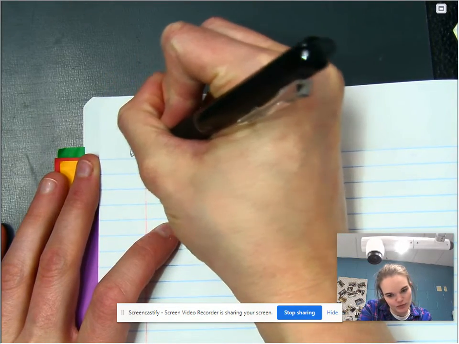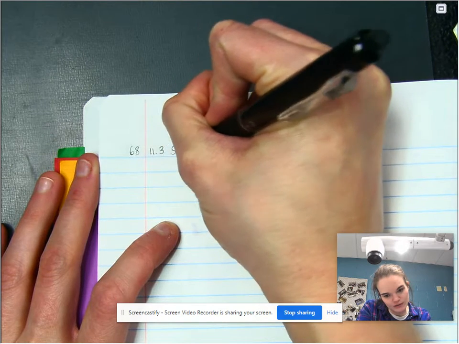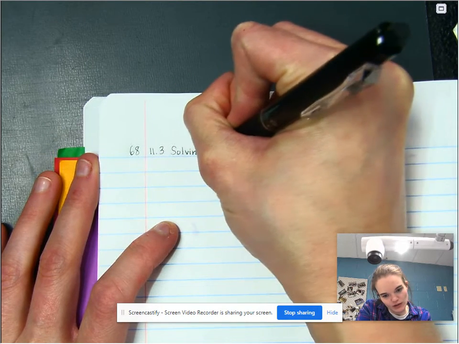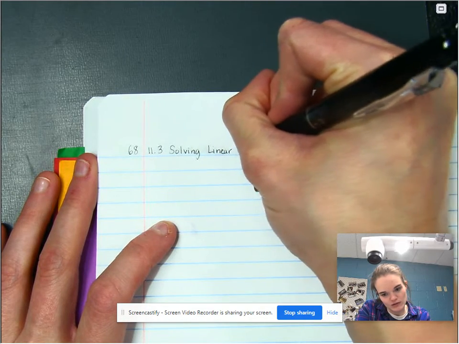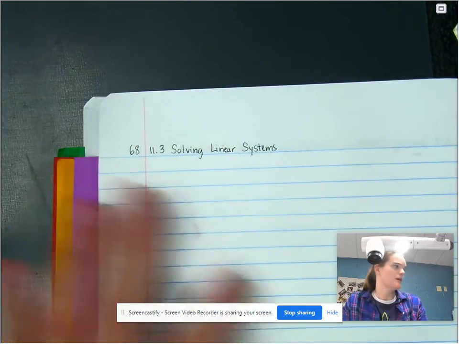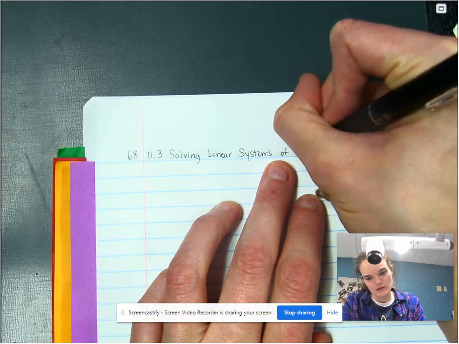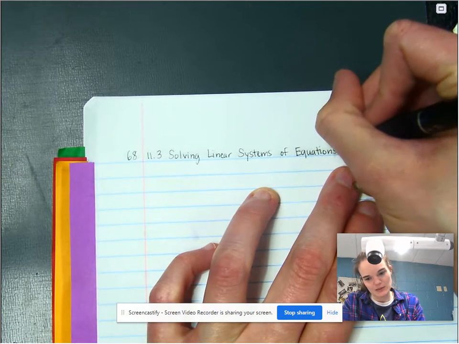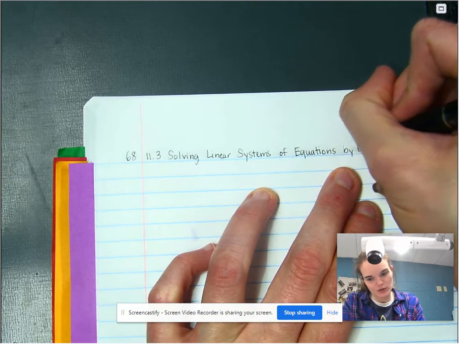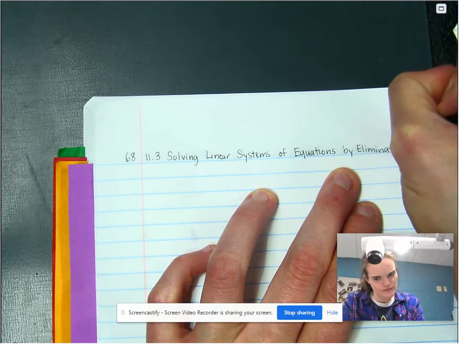So 11.3, solving linear systems of equations by elimination. And I'm going to go ahead and label 69 as well.